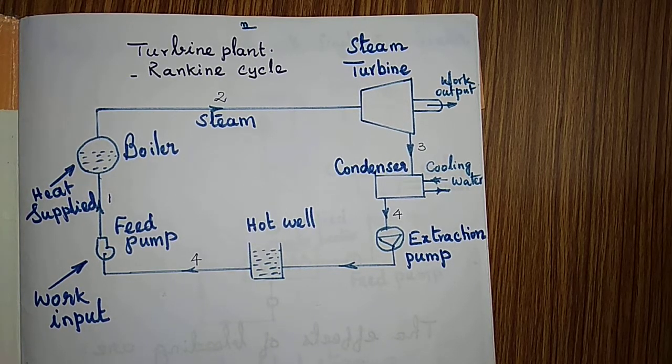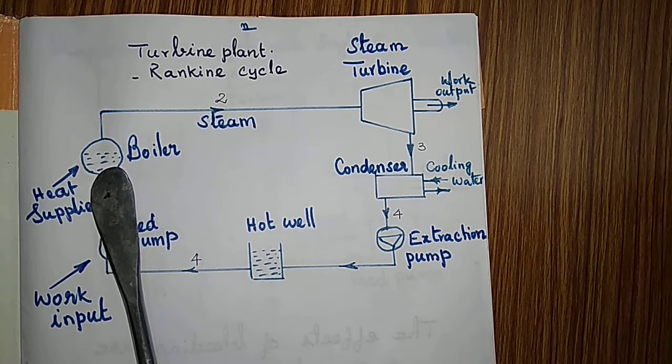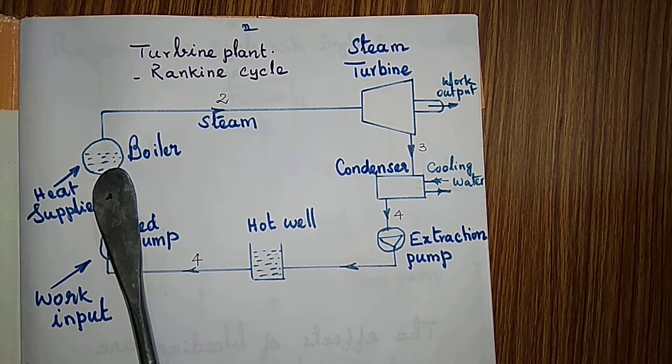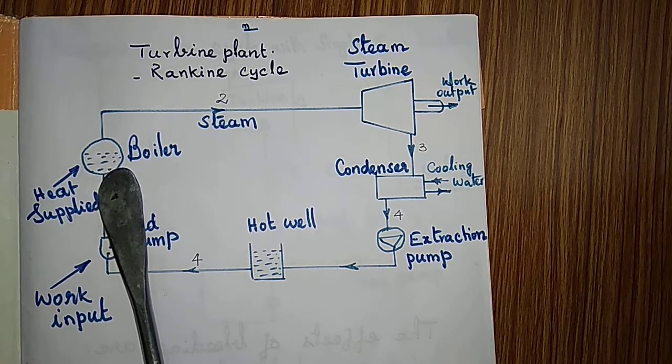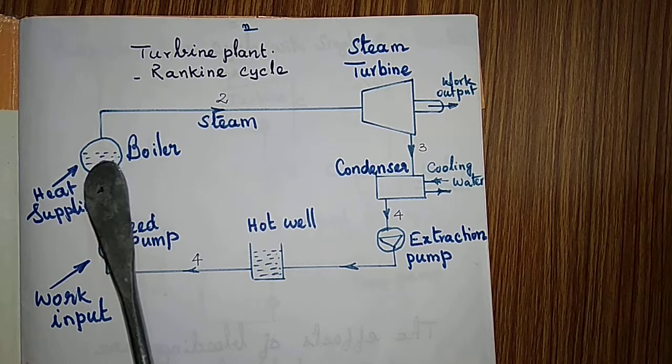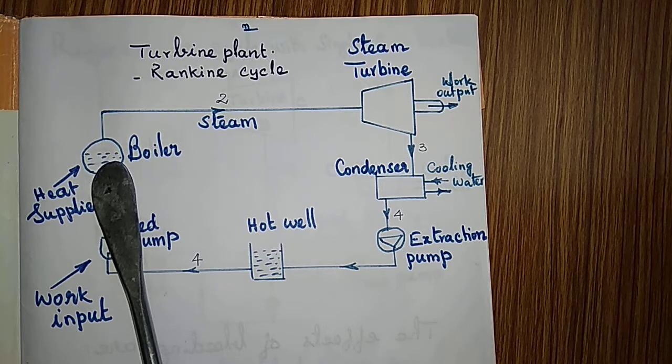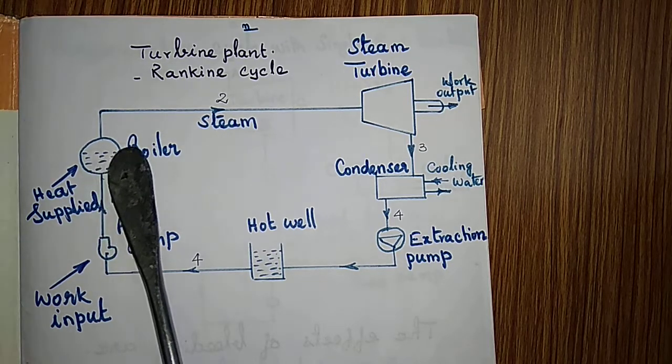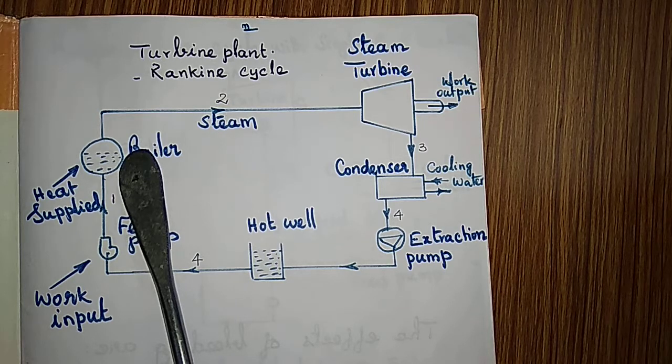So in the drawing you see a schematic diagram of a turbine plant. Here this is the boiler. Heat is supplied in the boiler to the water, and the water is converted to steam.